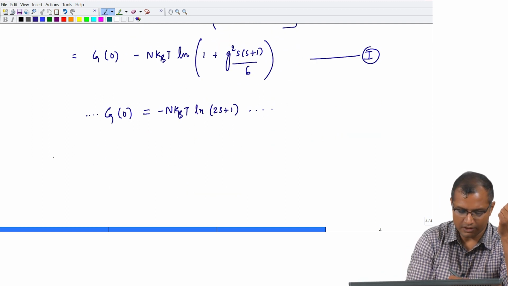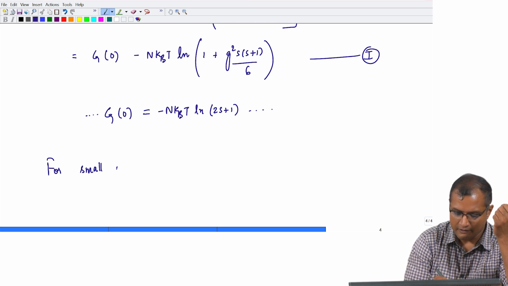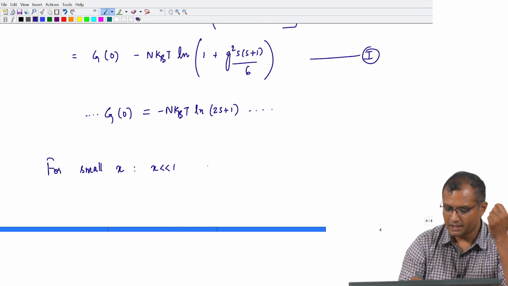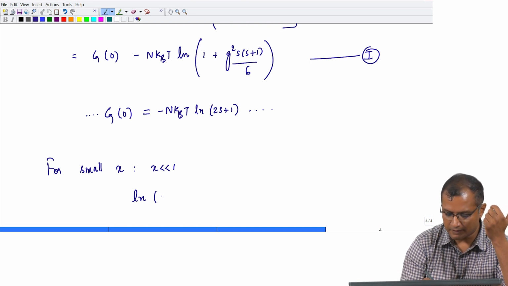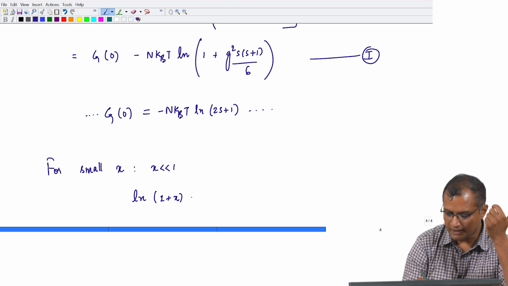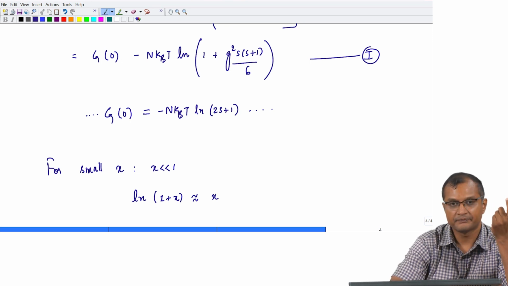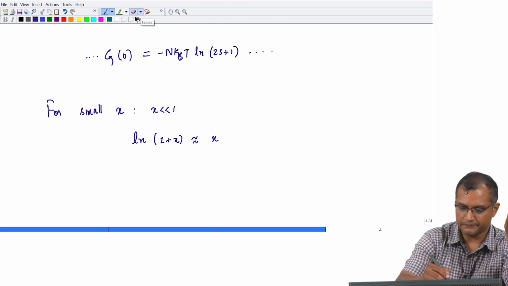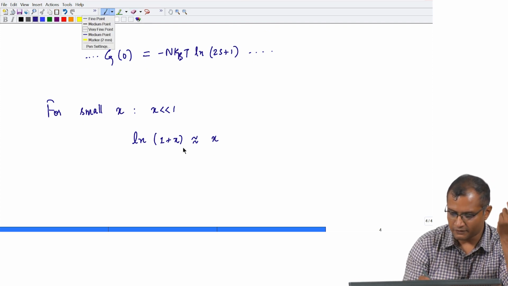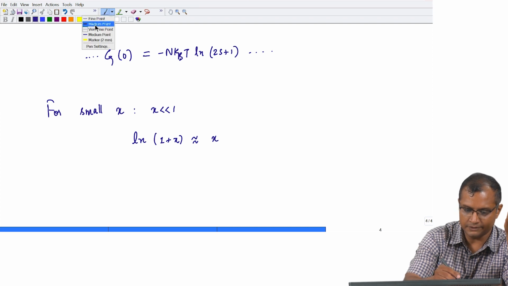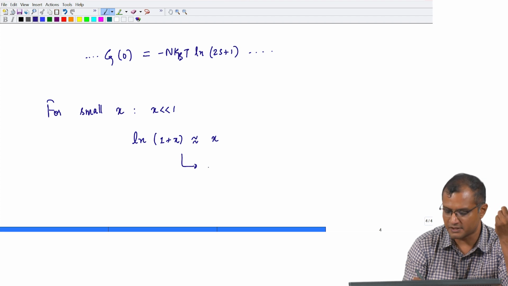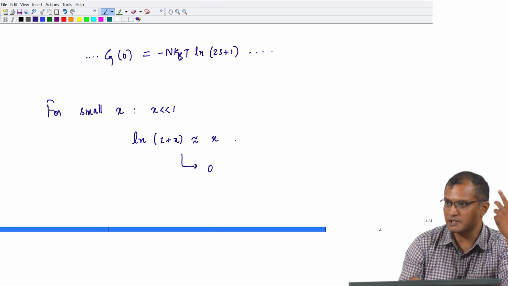And noting that for small x, by small x I mean when x is much smaller than 1, I can always write ln of 1 plus x as just x. Actually the correct expansion of ln 1 plus x for small x: the leading term will definitely be ln 1, which is 0, because you are expanding around 1.